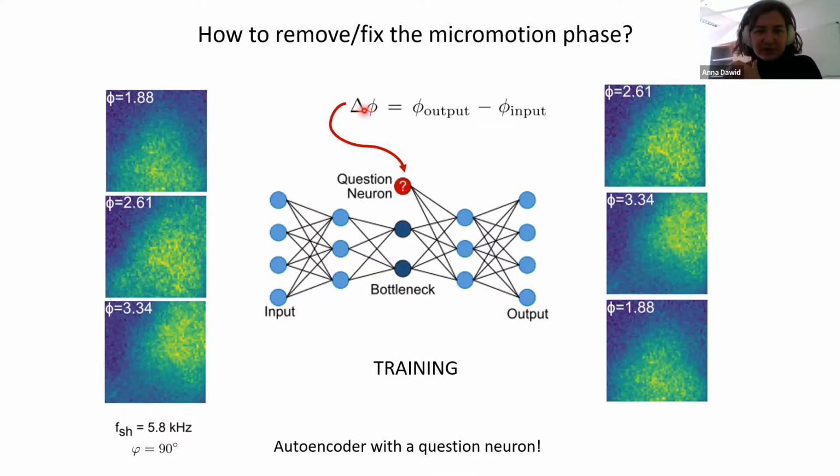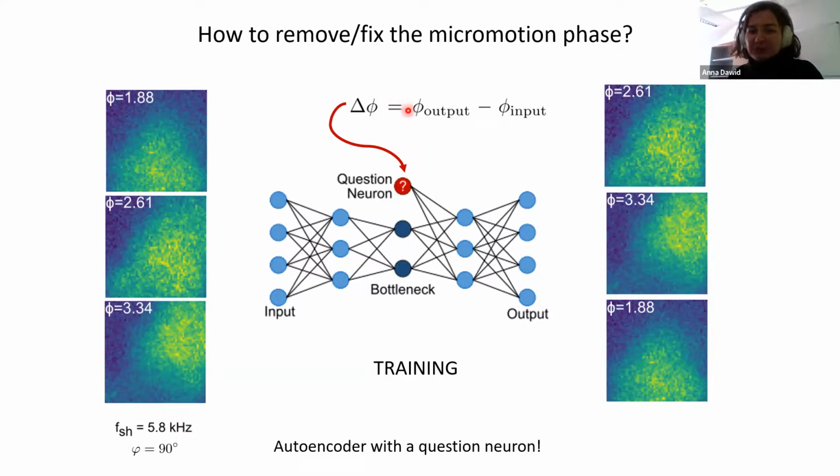And the task for the autoencoder with this question neuron is, given this input image, to reproduce the image that looks almost like this, given the difference in micromotion.